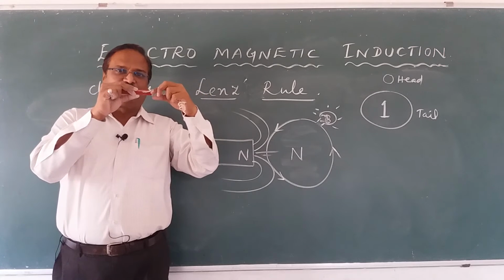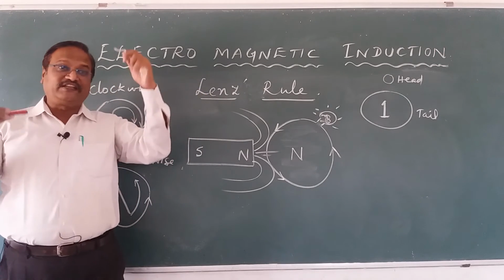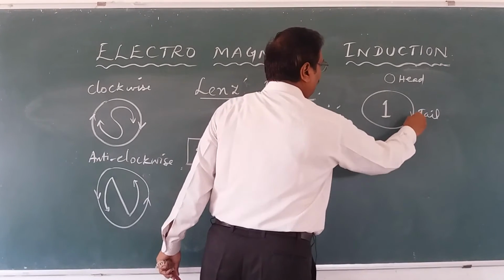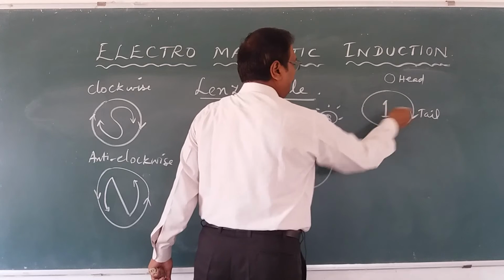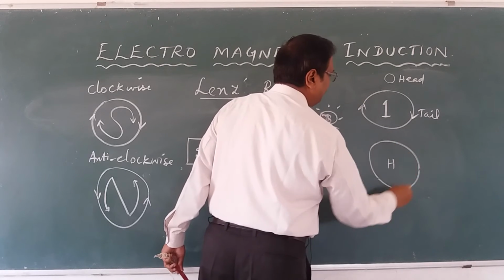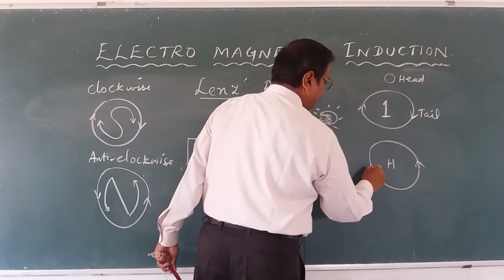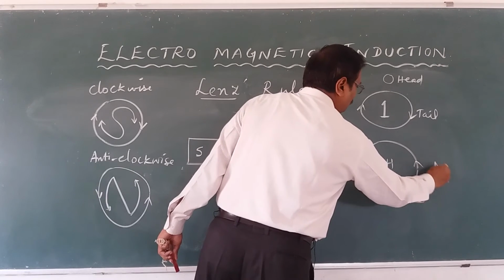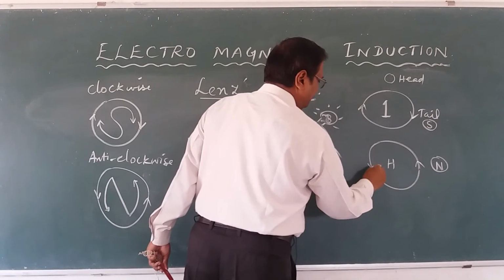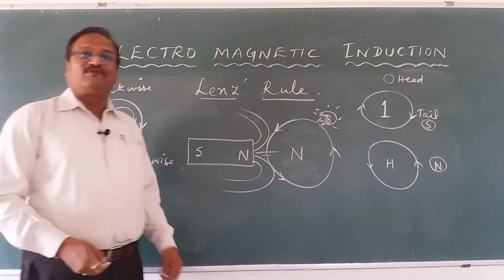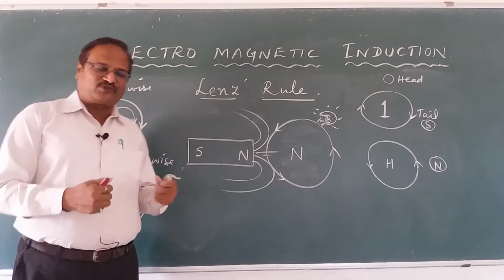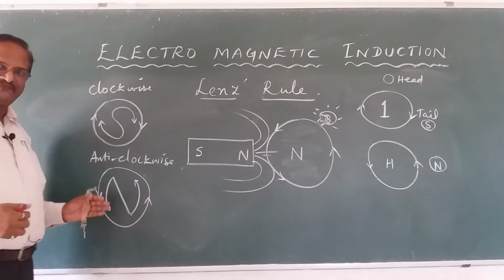When it becomes south pole, the direction will be clockwise. You can take head and tail like this: if it is a head, it is going to be north pole, and if it is a tail, you can say it is south pole, because it depends on what polarity it is going to become, south or north.